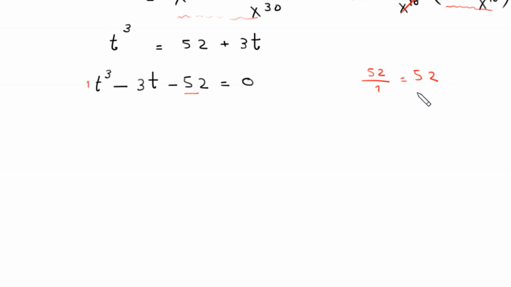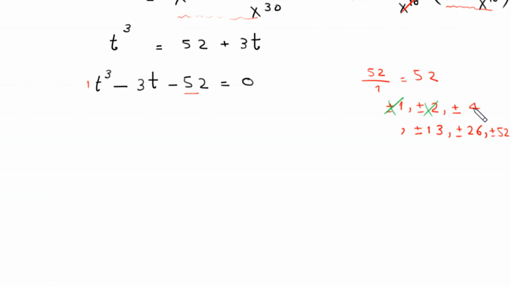The factors of 52 are plus minus 1, plus minus 2, plus minus 4, plus minus 13, plus minus 26, and plus minus 52. If we check 1 or negative 1, that is not a solution. 2 or negative 2 is not a solution.